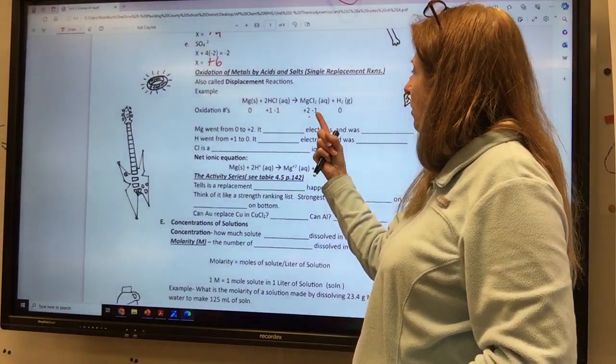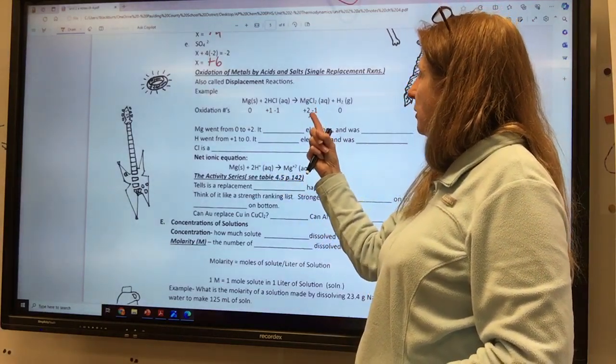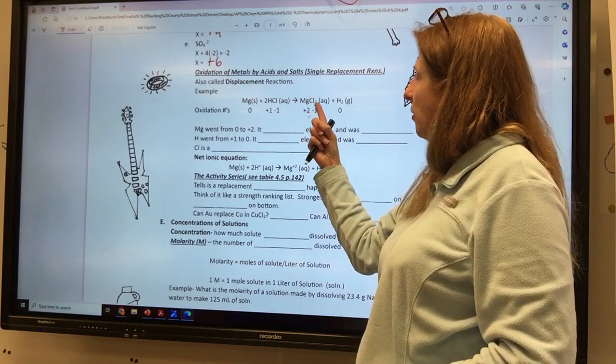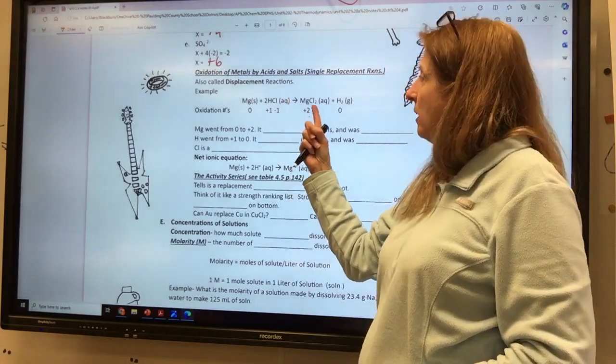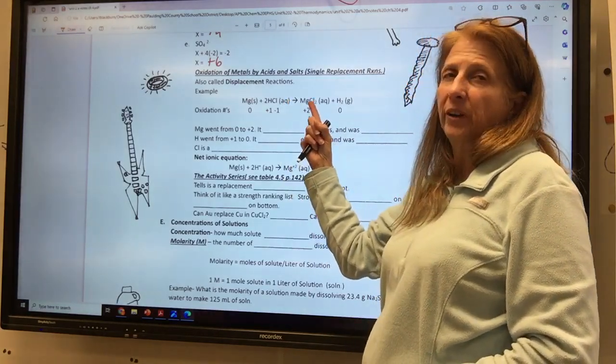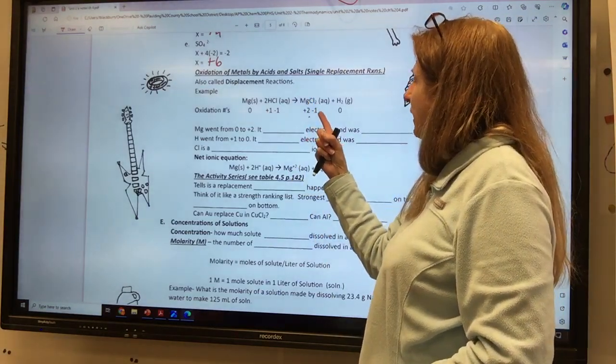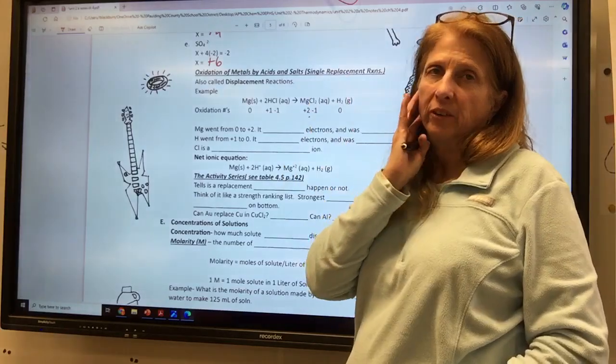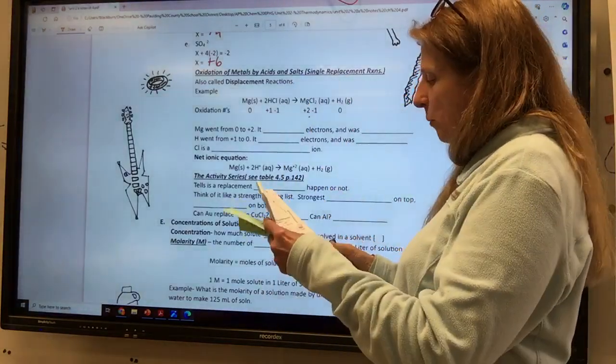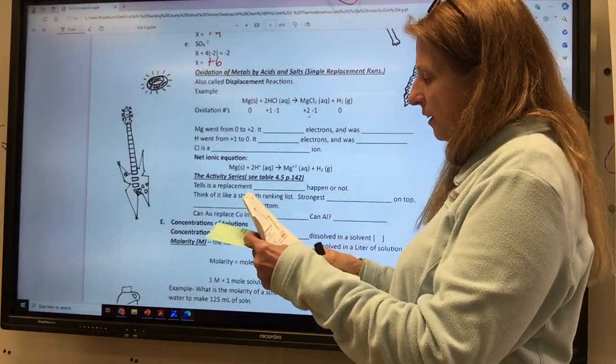Okay, and over here, I've got magnesium, which is +2, because now it's being an ion, and chlorine is -1 for that same reason, right? So now we want to look at what's going on.